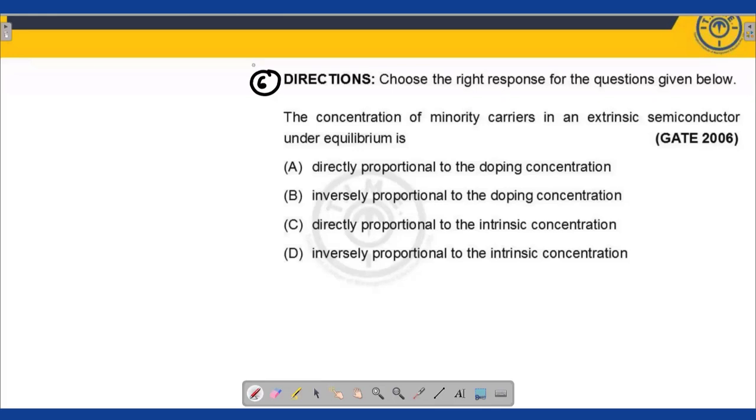The concentration of minority carriers in an extrinsic semiconductor under equilibrium is: A, directly proportional to the doping concentration; B, inversely proportional to the doping concentration; C, directly proportional to the intrinsic concentration; D, inversely proportional to the intrinsic concentration.